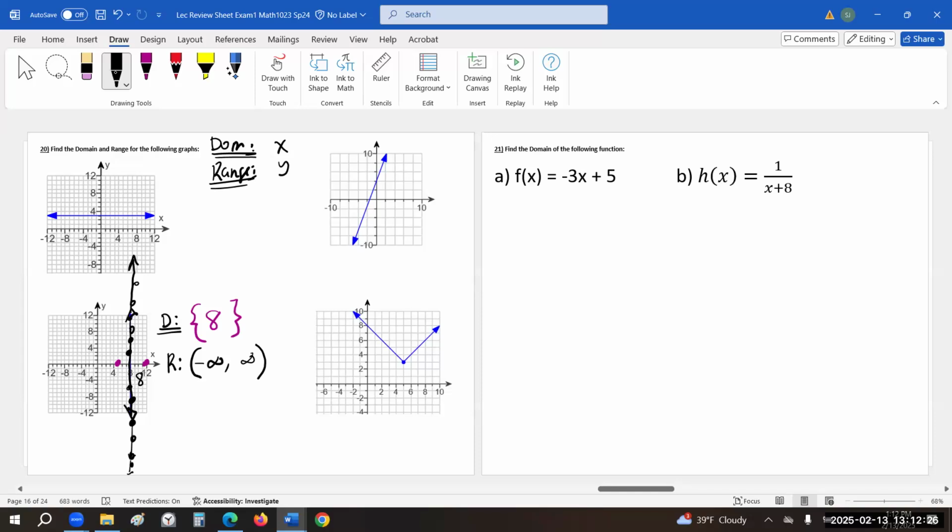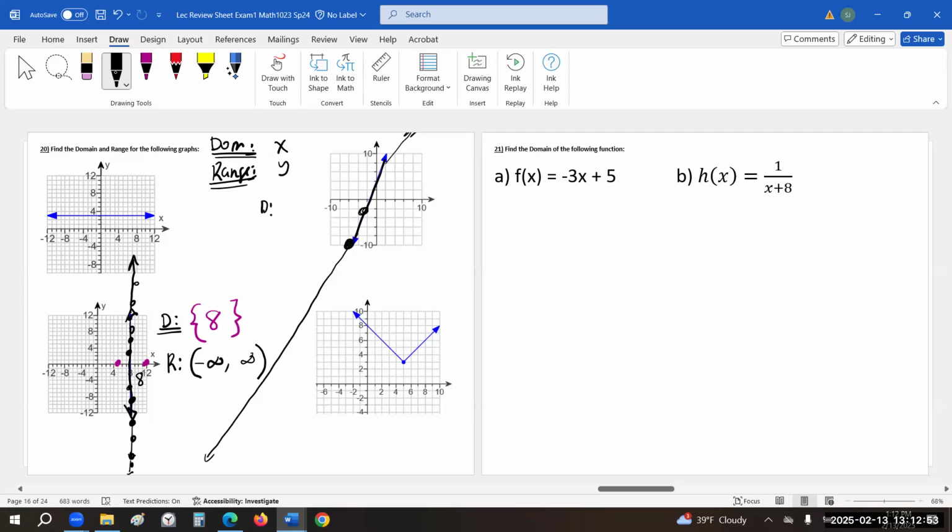Which one? Top one or this one? Yeah. Okay, good. So domain is from the smallest x value to the largest x value. And remember, these lines are going on forever. So what is happening in the line? For this point, do we have an x value? Yeah. We do.